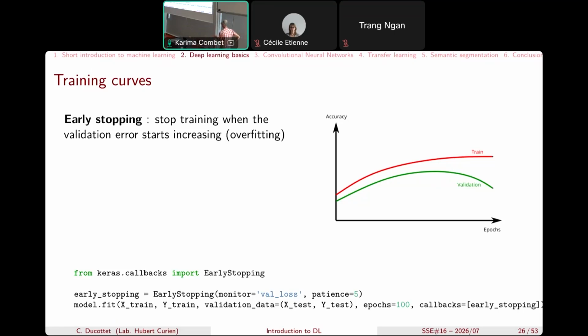And one way to overcome this will be to stop the learning when you see this kind of behavior. There are some specific functions in Keras to automatically stop the learning, which is, for example, what is called early stopping, to avoid going too much into this region, because what it means is that the model is learning by heart all the training samples.